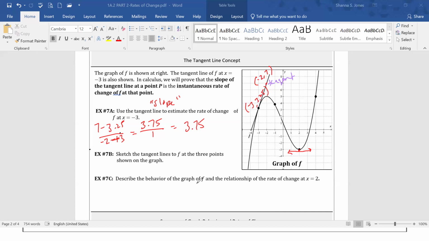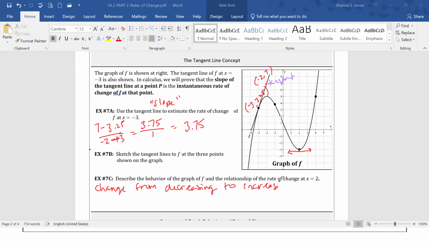So it says, describe the behavior of the graph. So the graph here changes itself. We went from a decreasing graph to an increasing one. So this is the point where we change from decreasing to increasing.